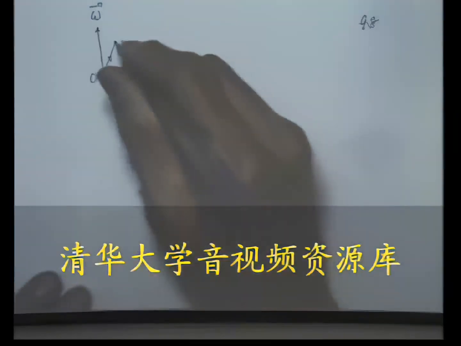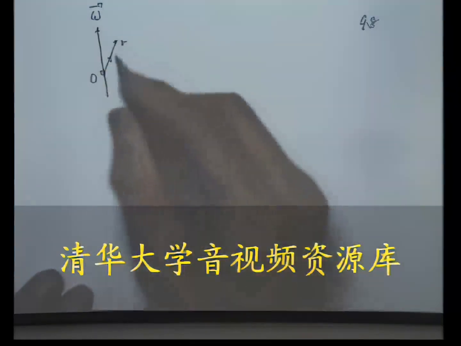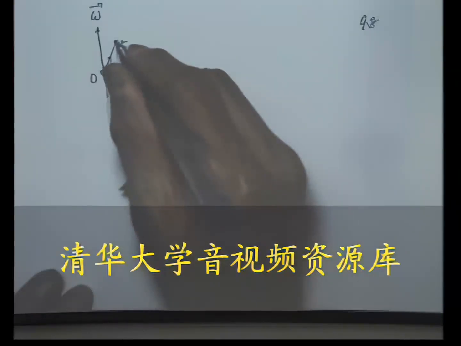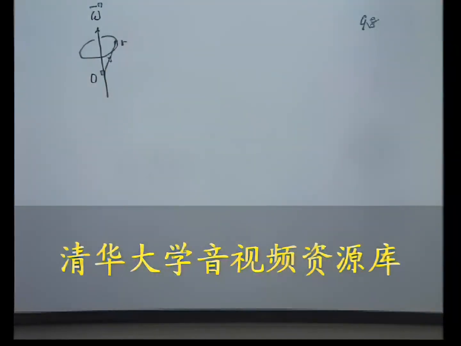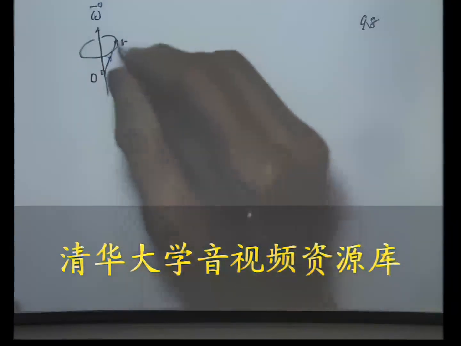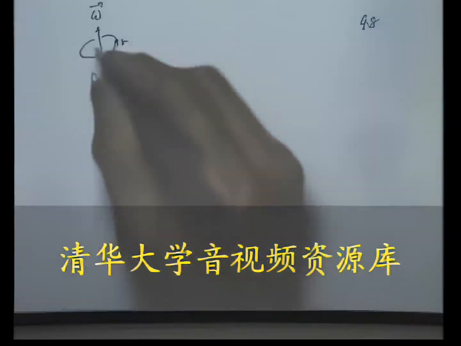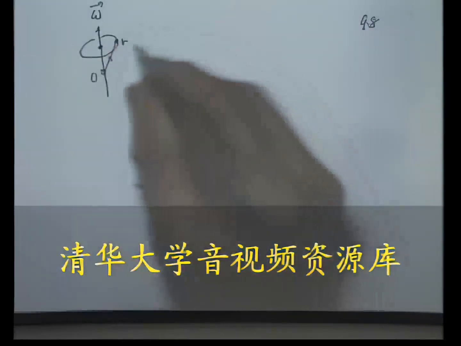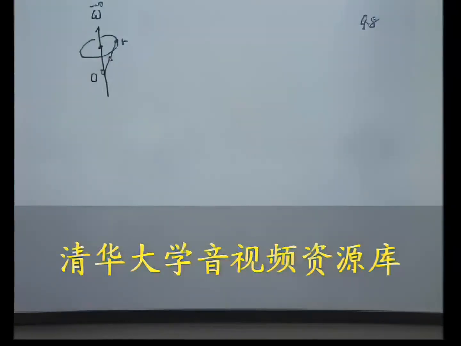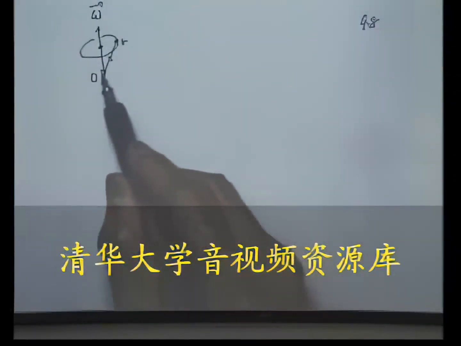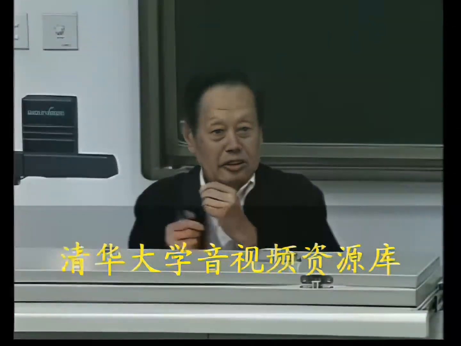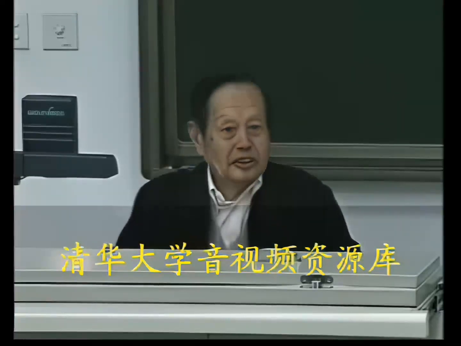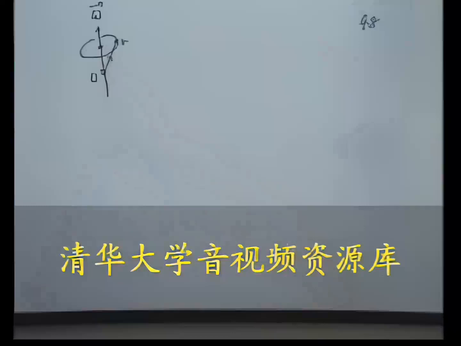Now I consider a point R. It's a rotation, and in this plane there is a point. If you fix O and take R and go around in a circle around the axis omega, you draw the circle, and this is the center of the circle.